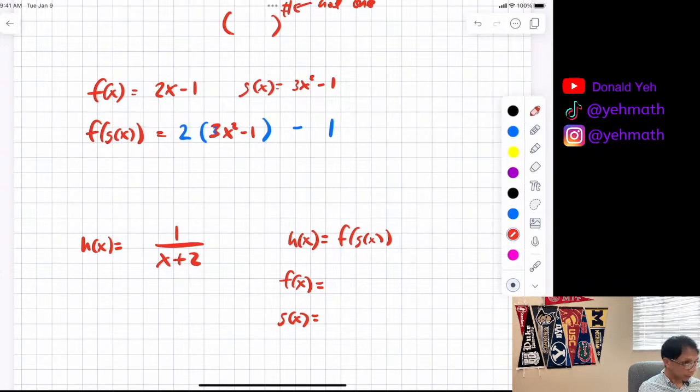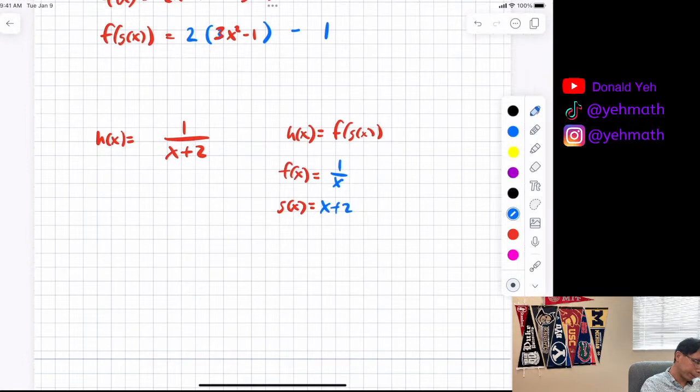Is g of x x plus 2? Yes, g of x is x plus 2. Good. Because I plug g of x into f of x, I get 1 over x plus 2. Got it? Great. Moving on.